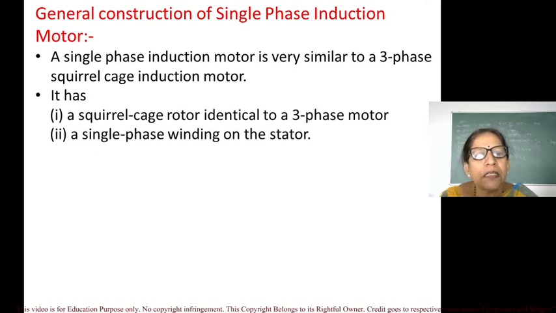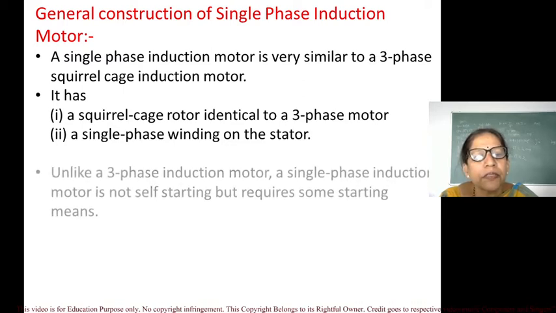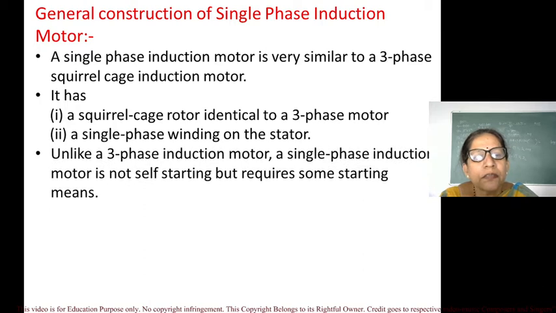First, it has a squirrel cage rotor identical to a three phase motor. So the rotor construction is the same for a three phase motor and a single phase motor. But the second point is that this machine has a single phase winding on the stator. A three phase motor has a three phase winding on the stator, while a single phase machine has a single phase winding on the stator.